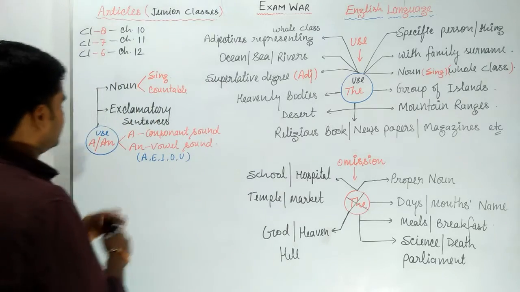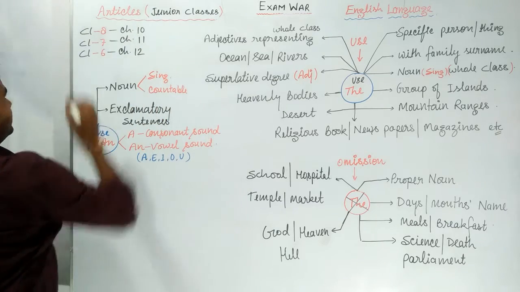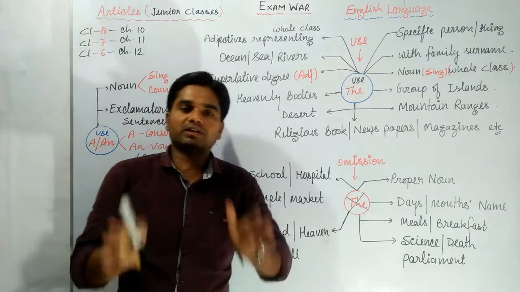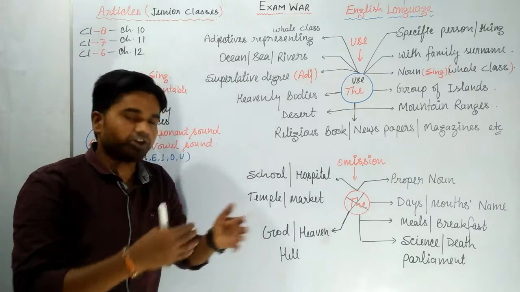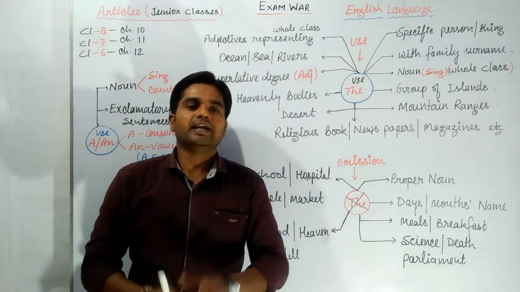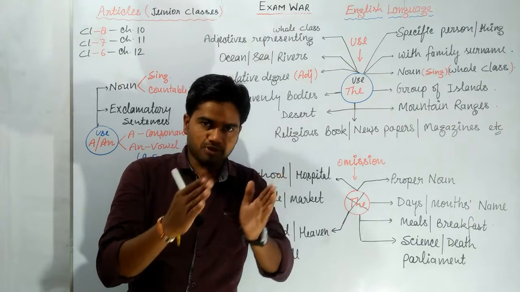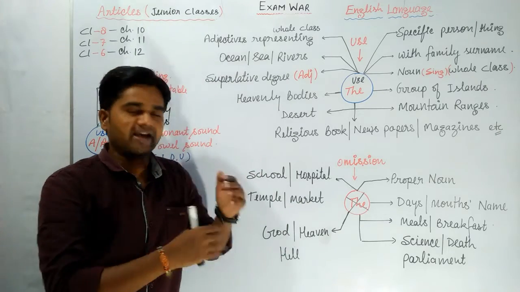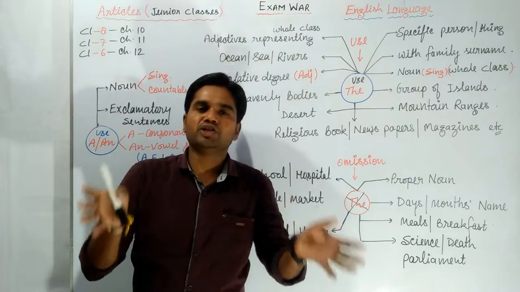So dear students, let's start and discuss from the word article. The word article has different meanings. For example, in reference to writing, it refers to some paragraph or story in newspapers or magazines.